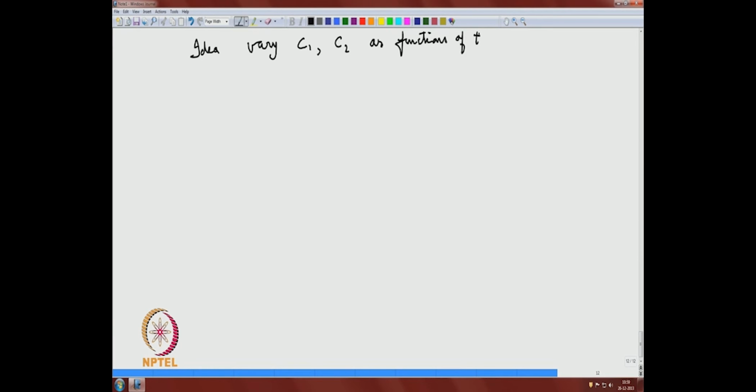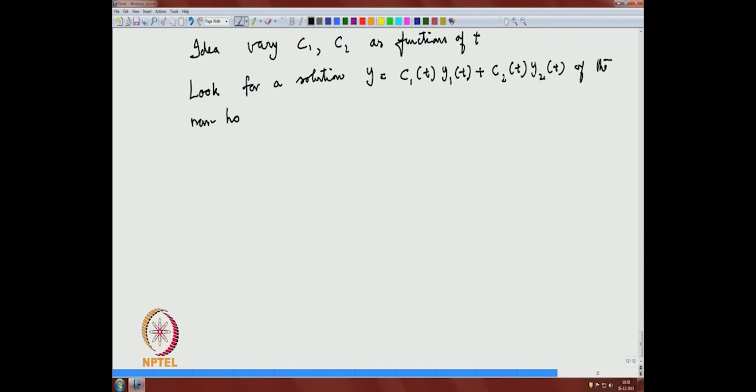So, look for a solution y equal to c1 of t into y1 of t plus c2 of t into y2 of t of the non-homogeneous equation. So, what are the things we have? Let us consolidate the facts.